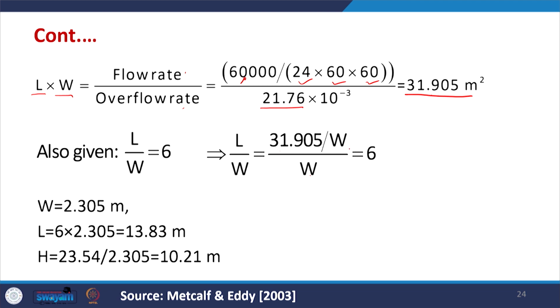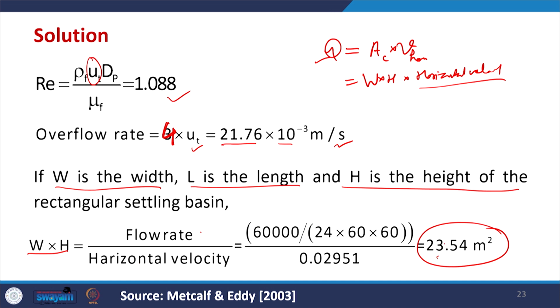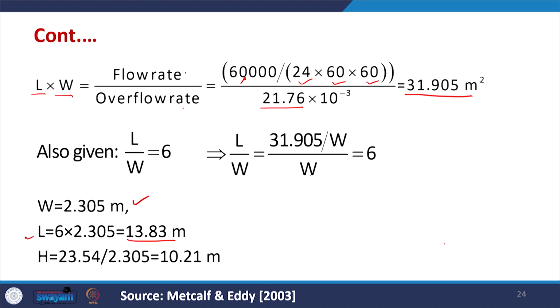If you solve this, the W value will be 2.305 meter, and the length will be 6 into W, which is 13.83 meter. The height will be obtained from the previous equation, 23.54 equals W into H, so H is 10.21. So, all the dimensions are obtained.